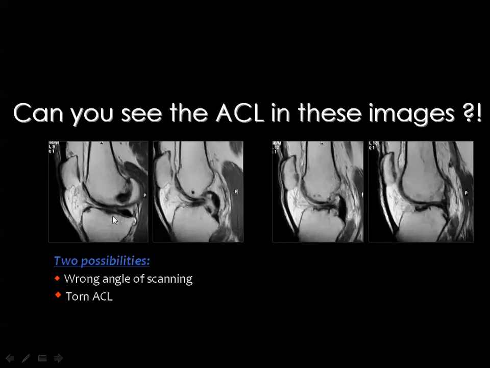In the image before, you cannot identify the anterior cruciate ligament, and also in the image after this one, you cannot identify it. Then there are two possibilities: either this is the wrong angle of scanning, or the anterior cruciate ligament is torn. And I will tell you what to do whenever you are confronted by a case like this.